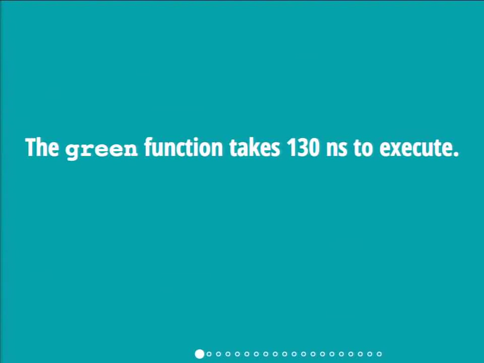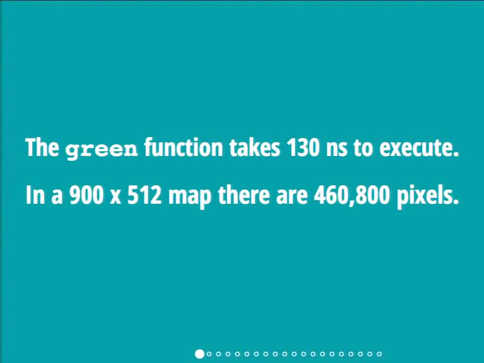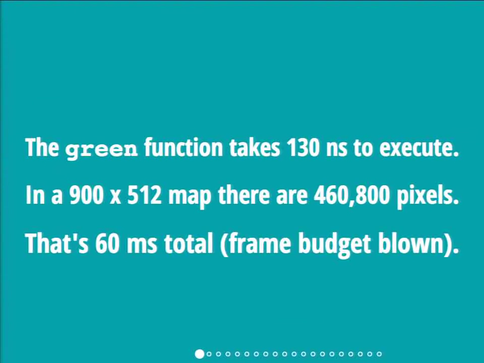So you might think that by itself is pretty quick. We don't need to worry about optimizing anything. But even in that small map there are over 461,000 pixels, and running that function on each of them blows the frame budget. So in an interactive application, you've got about 16 milliseconds to respond to user events. You don't want your re-rendering, refreshing to take more than 16 milliseconds because you start getting janky animations or sluggish feeling applications.